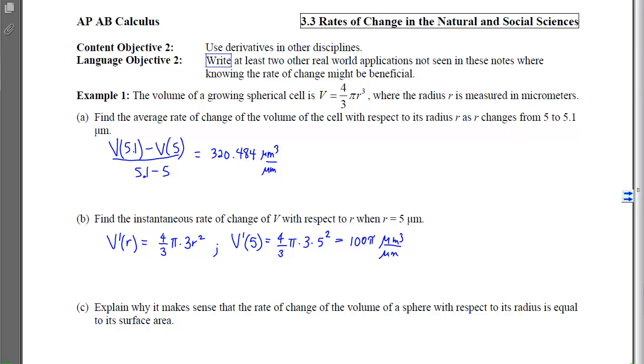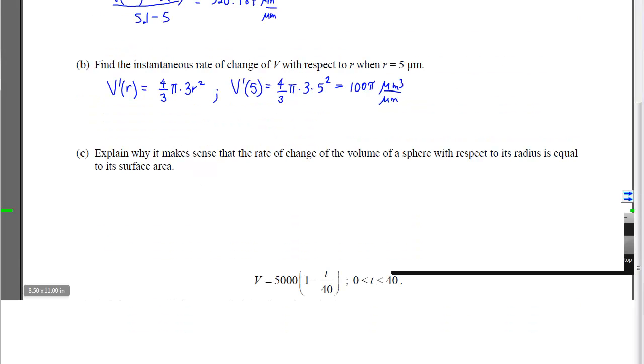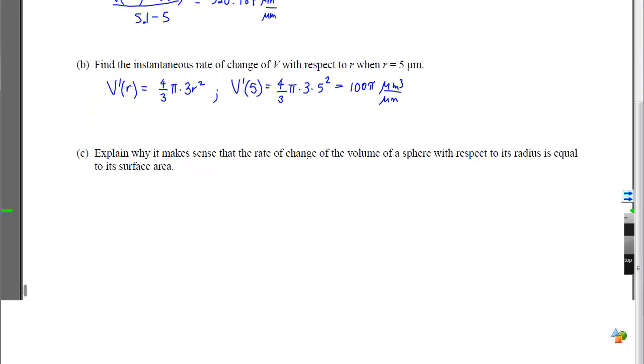Last part C, we want to explain why it makes sense that the rate of change of the volume of the sphere with respect to its radius is equal to the surface area. So that's a little funky to think about, and let's think about why that would make sense. If we have a sphere and we want an instantaneous rate of change, so that means we are adding just the slightest immeasurably small layer, or we're creating an increase in our radius that is really, really tiny.